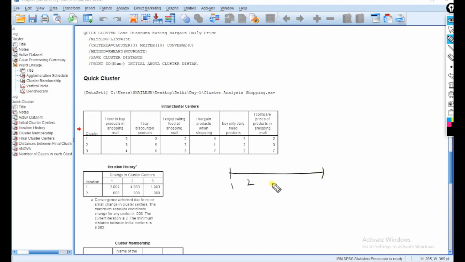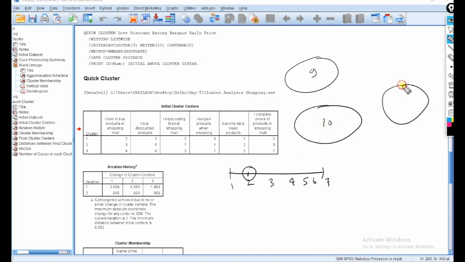All 9 respondents in cluster 1 gave a choice to this question: someone gave 1, some 2, some 3, and the overall mean is 2.